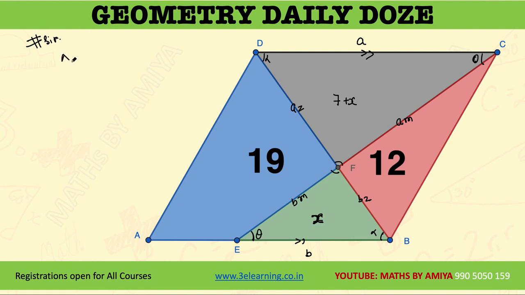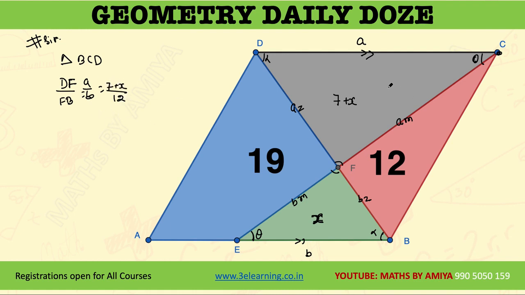Now, in triangle BCD, we know this is a common vertex and DF is the base. So if DF is the base, the base ratio of DF to FB, which is equal to A by B, should be the area ratio 7 plus x upon 12.